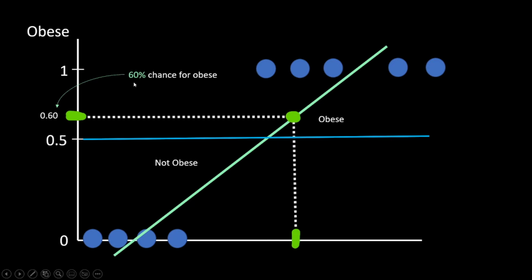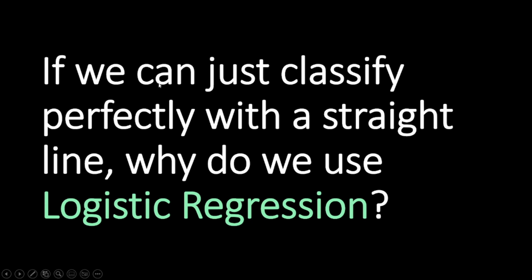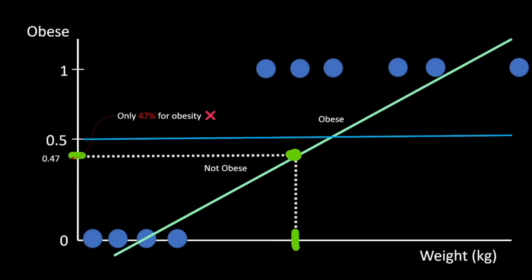Okay, so now we got that out of the way. If we can just classify perfectly with a straight line, then why do we use logistic regression? Or what is logistic regression even used for if we can just use linear regression? Well, let's see a counter case. What if we had an outlier here, for example? Then our line will be different and it won't work as perfectly as before, right?